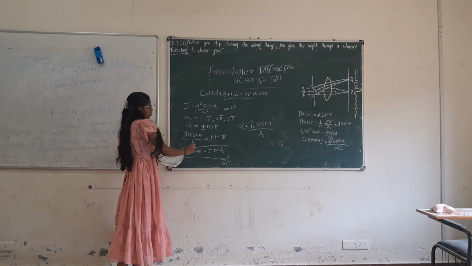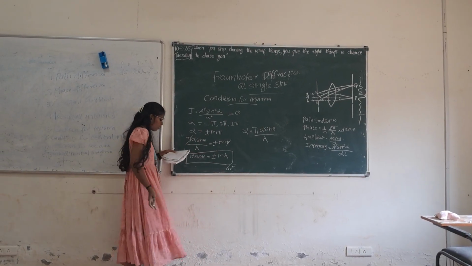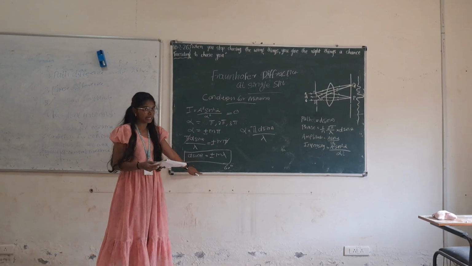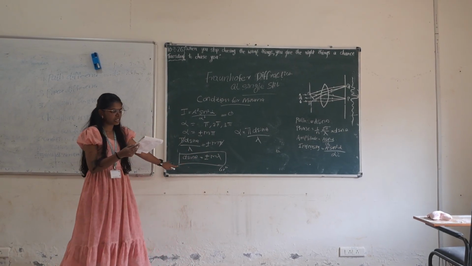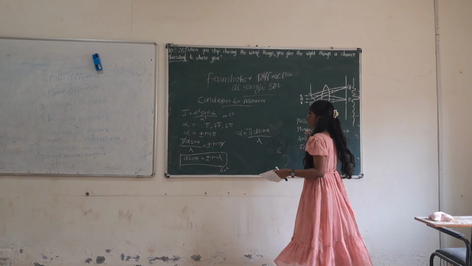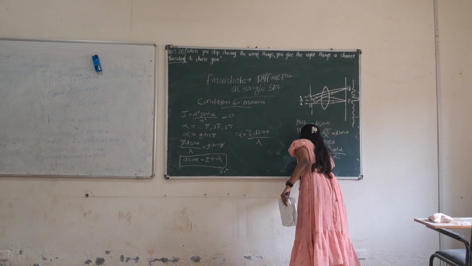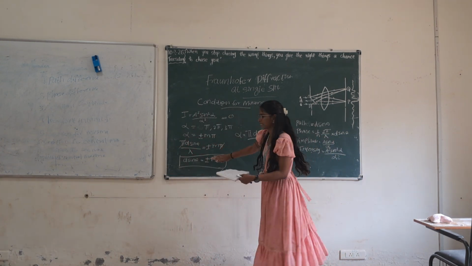This is the condition for the minimum for Fraunhofer diffraction, or the condition for minimum intensity. Otherwise, we can say this is the condition for formation of the dark band.